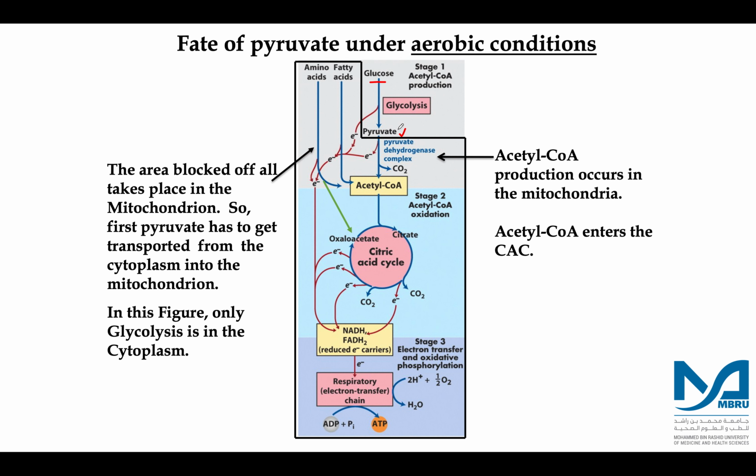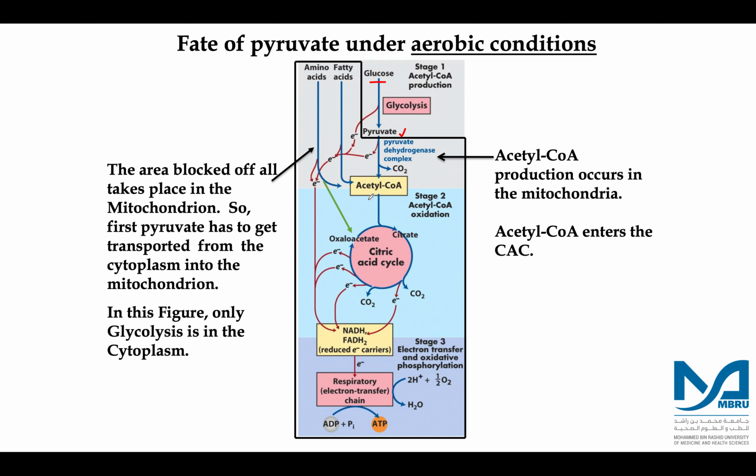Under situations when the cell is pursuing aerobic respiration, pyruvate goes into the TCA cycle. And in order for the TCA cycle to occur inside the cell, it requires the mitochondria.